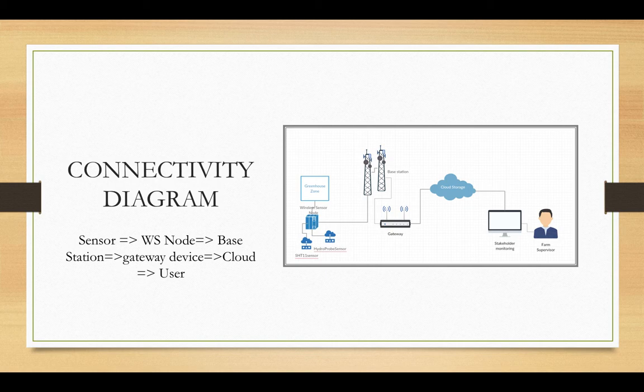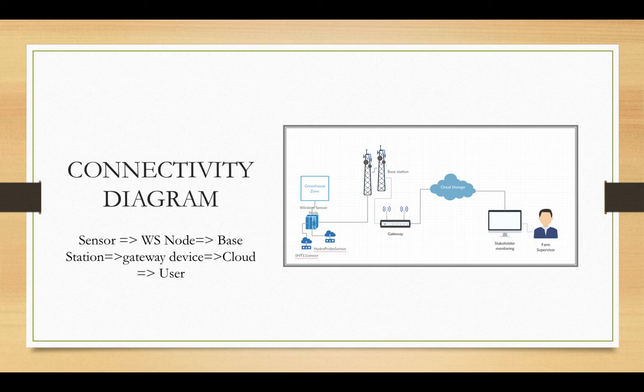In the diagram, we can see that we have connected two sensors to a wireless sensor node, which also has a microcontroller in it, which is going to drive these two sensors. And this configuration altogether is going to sit in the greenhouse zone, which I have considered as my sample space for this experiment.